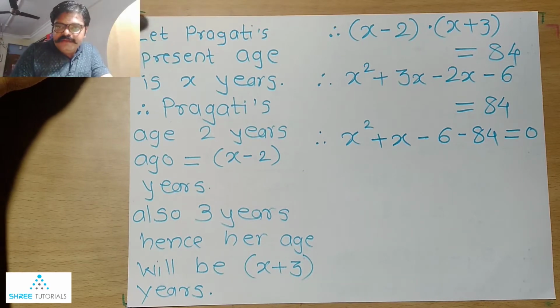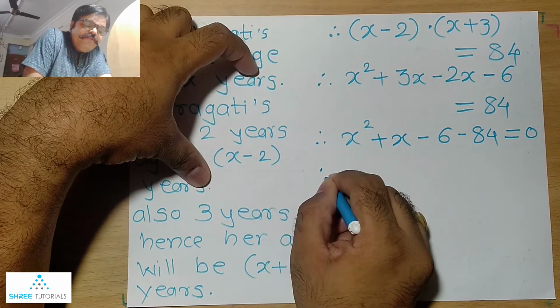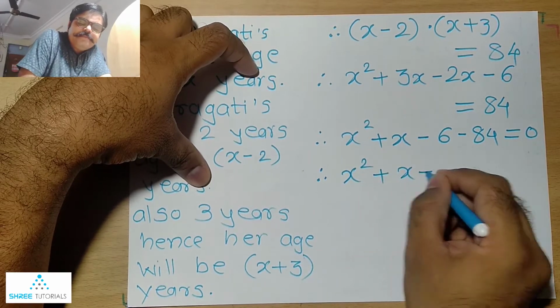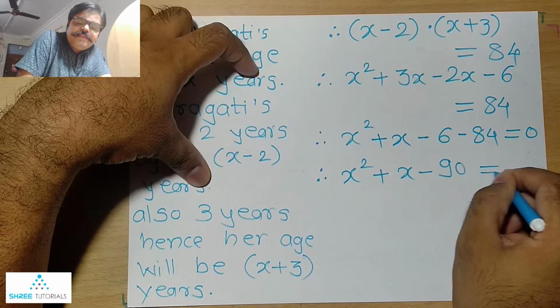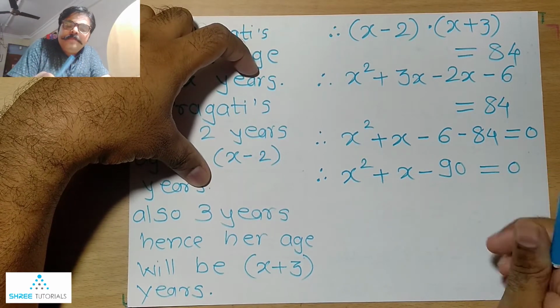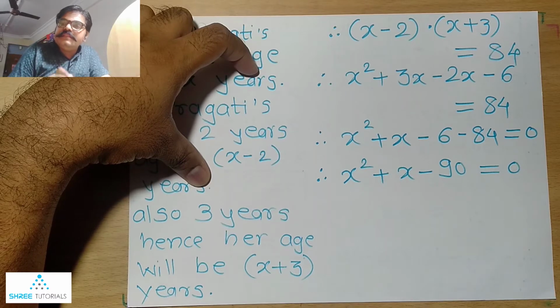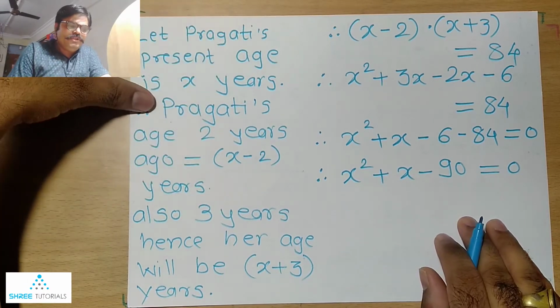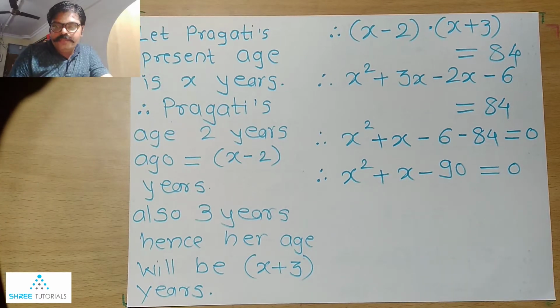It can be further simplified to x square plus x minus 90 is equal to 0. Kindly note, where did we get 90 from? Minus 6 minus 84 is equal to minus 90. So this quadratic equation we are supposed to solve now.